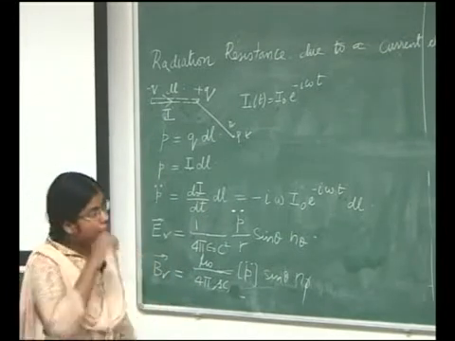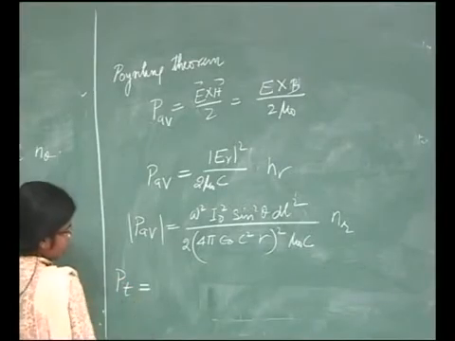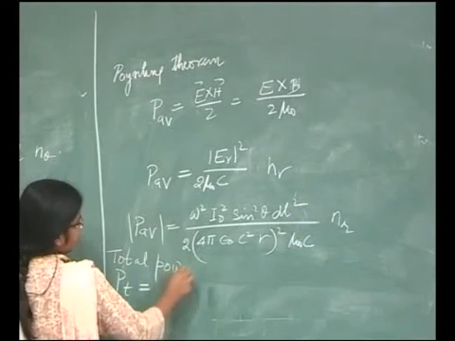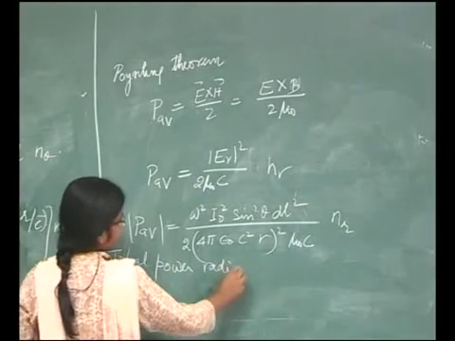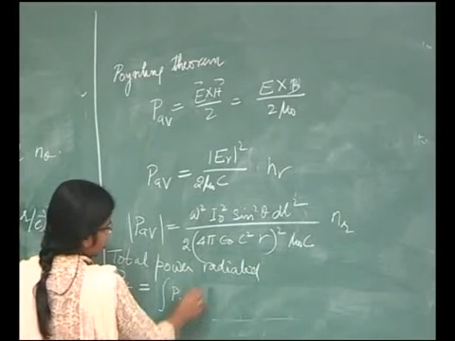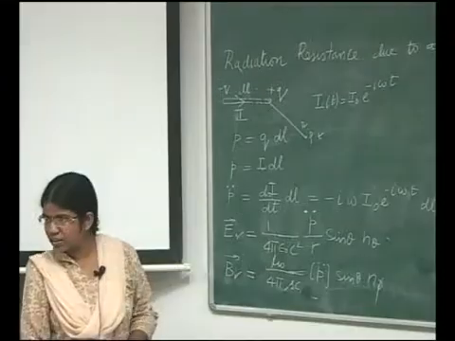So, the total power radiated PT is the integral of P dot ds, where ds is the elemental surface area of this current carrying element. Now, this current carrying element could be a cylindrical wire, a wire with cylindrical cross section.